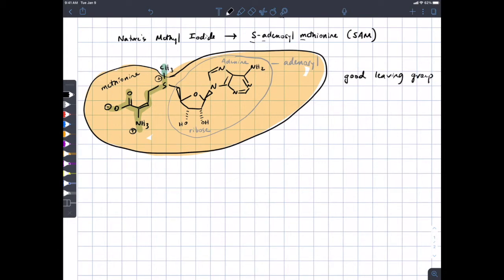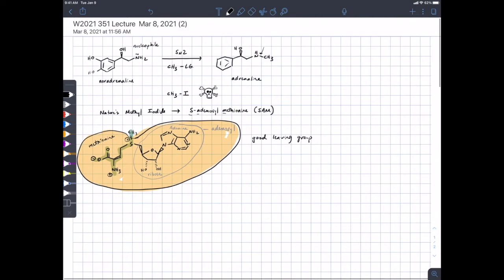How could you tell it's a good leaving group? Well, it's the conjugate base of a decently strong acid, but what happens in nature is that the nucleophile, as in the case above, would be the amino group from noradrenaline, will attack the methyl group, backside attack.